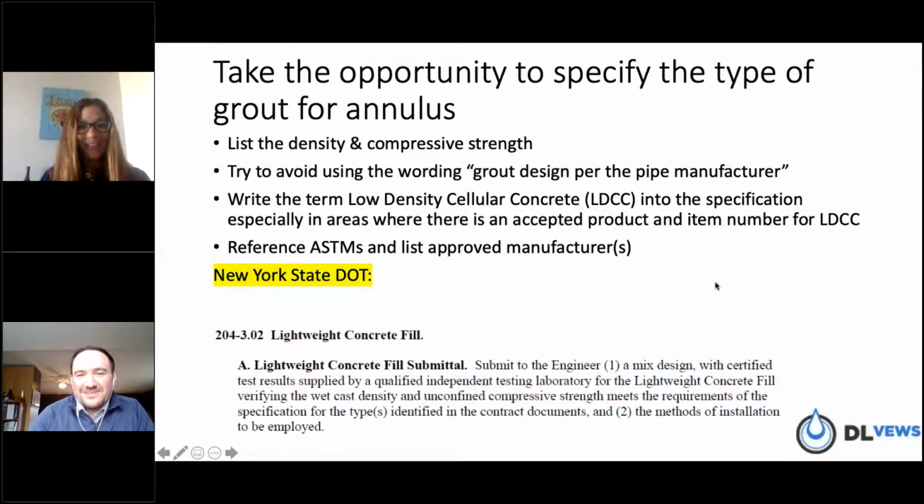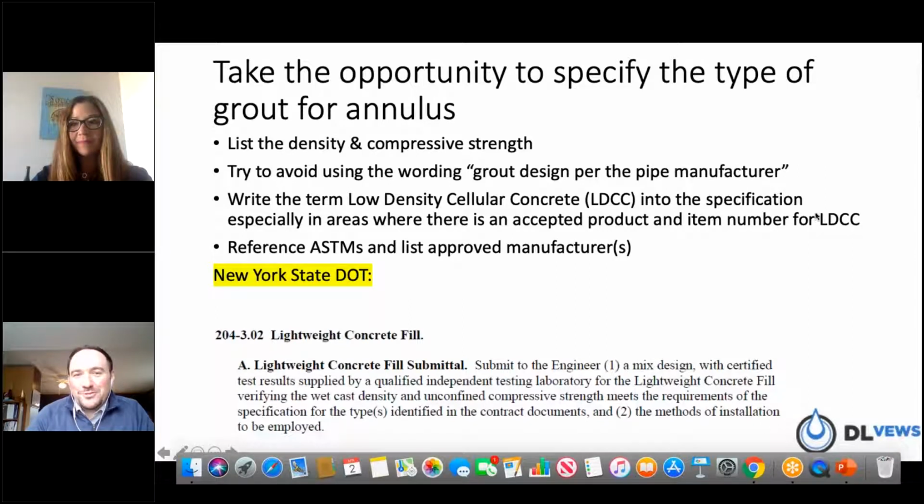Sure. You kind of talked about this a little bit, but what are the costs of cellular grout compared to regular sand or cement? Yeah, and so there's a little bit of math which I won't go into today. I encourage anyone on the call to reach out to me and I can help. It's sort of like any fine prescription medicine, you've got to read the fine print, right?